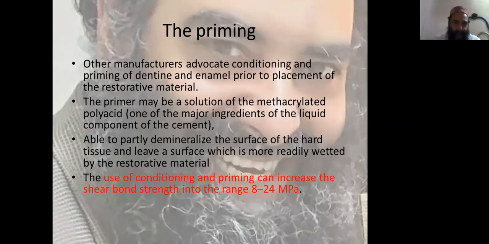The priming. Other manufacturers advocate conditioning and priming of dentine and enamel prior to placement of the restorative material. Primer may be a solution of the methacrylated polyacid, one of the major ingredients of the liquid component of the cement, which is able to partly demineralize the surface of the hard tissue and leave a surface which is more readily wetted by the restorative material.